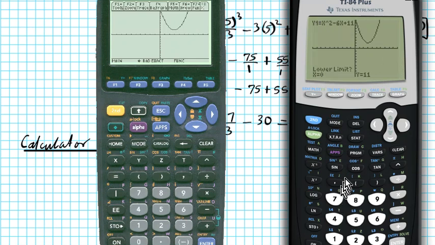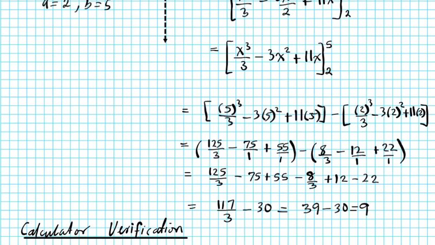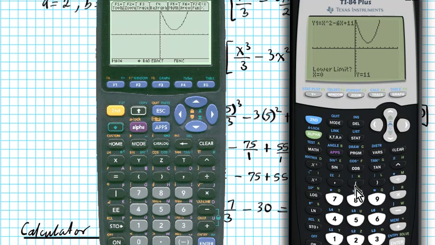The second you press 7, it takes you back to the graph and it will ask you two questions. What are the limits of integration? What are the boundaries, left and right boundaries you want to find the area of underneath the curve? So for this problem, the lower limit was 2 and the upper limit is 5. So let's go ahead and enter the lower limit.